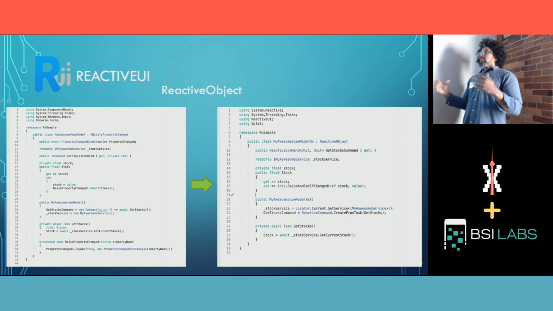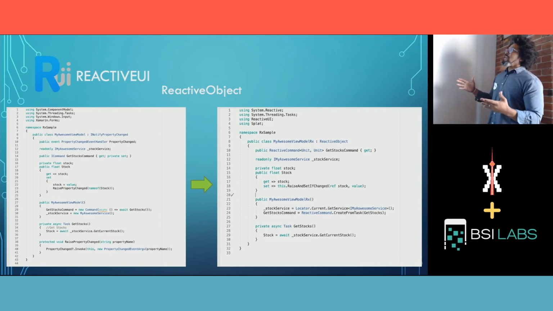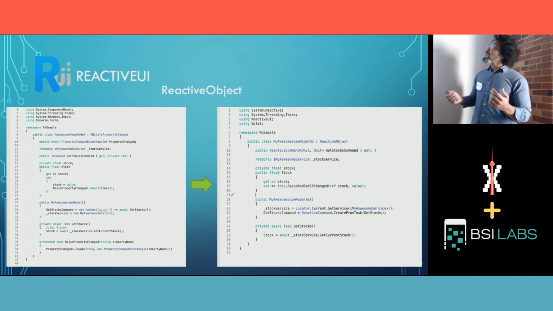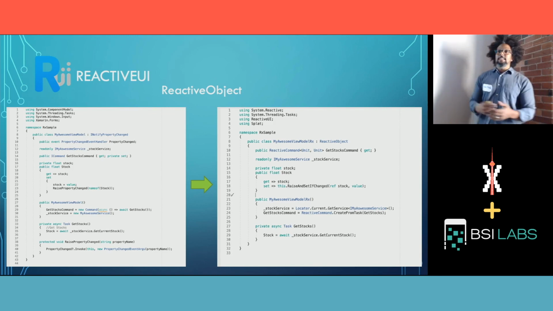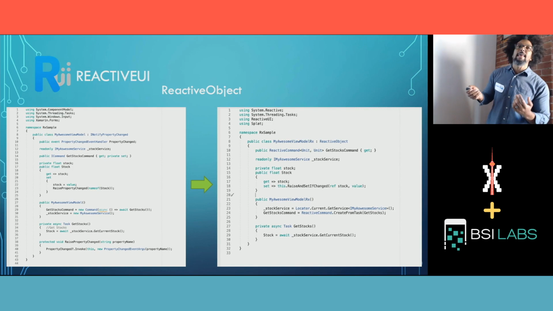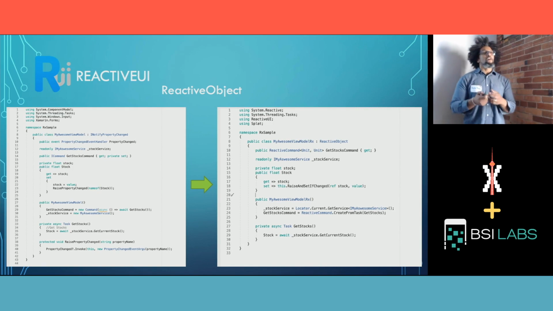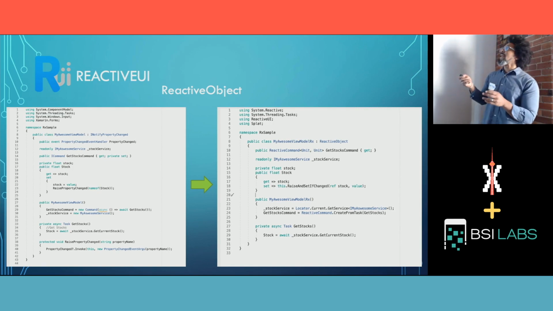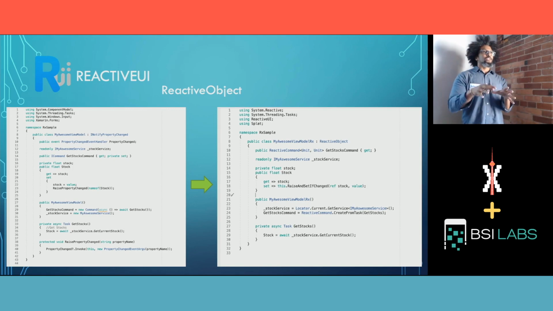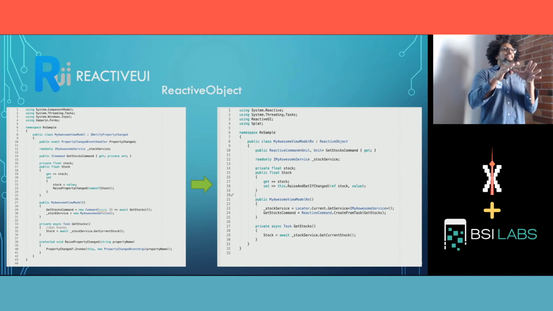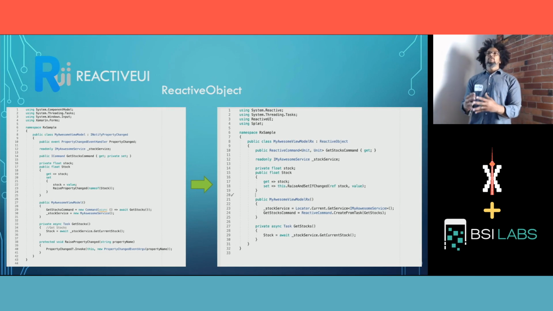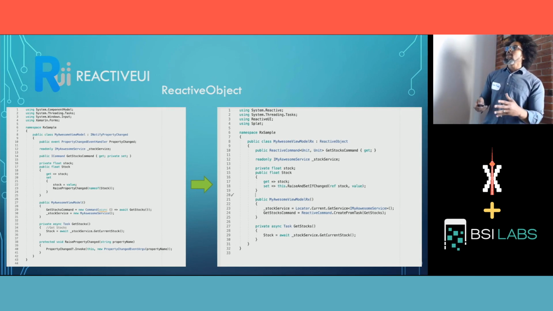So the first thing that you will see in ReactiveUI is the ReactiveObject. With this, you don't need anymore to implement INotifyPropertyChanged by hand. All MVVM frameworks will have something like this, because this is an abstraction of the base of what a view model should be.